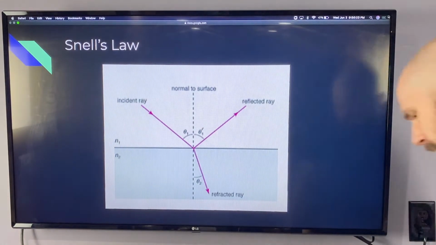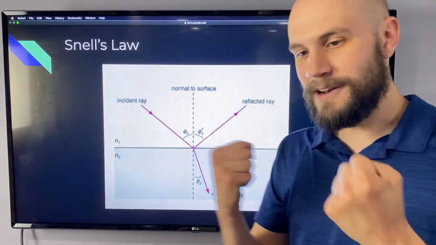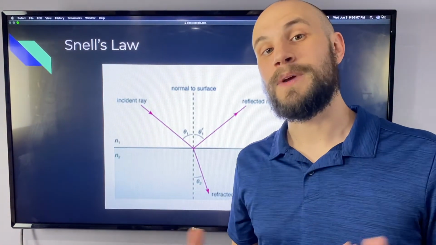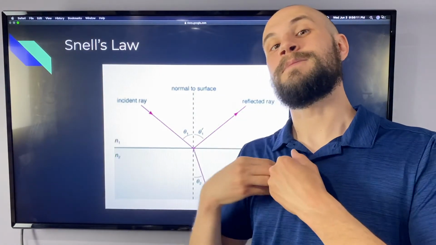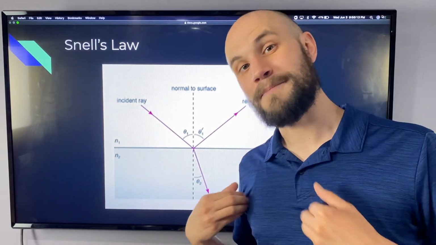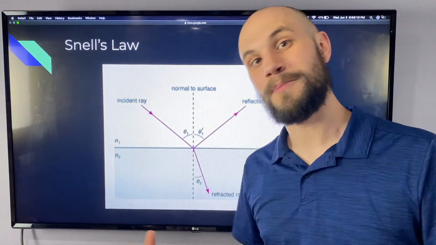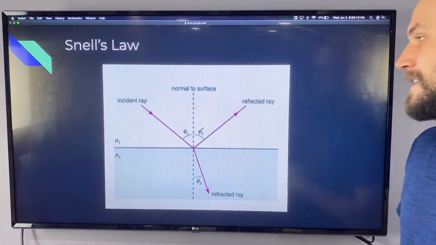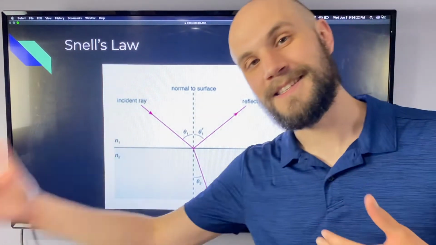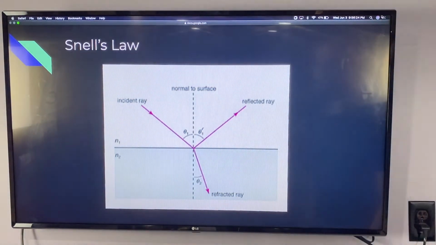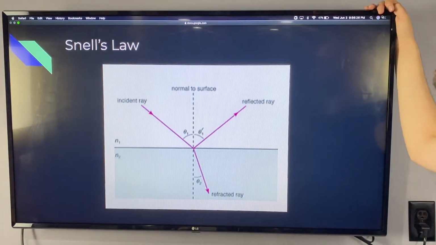I said it before in a previous lesson, but that absorption of energy could cause things to heat up. Like when you wear a black shirt outside, the light comes in, gets absorbed by the black shirt because black materials are the best absorbers of light energy. And that shirt will heat up, makes you hot in the summertime. White shirts reflect the most light and keep us a little bit cooler.